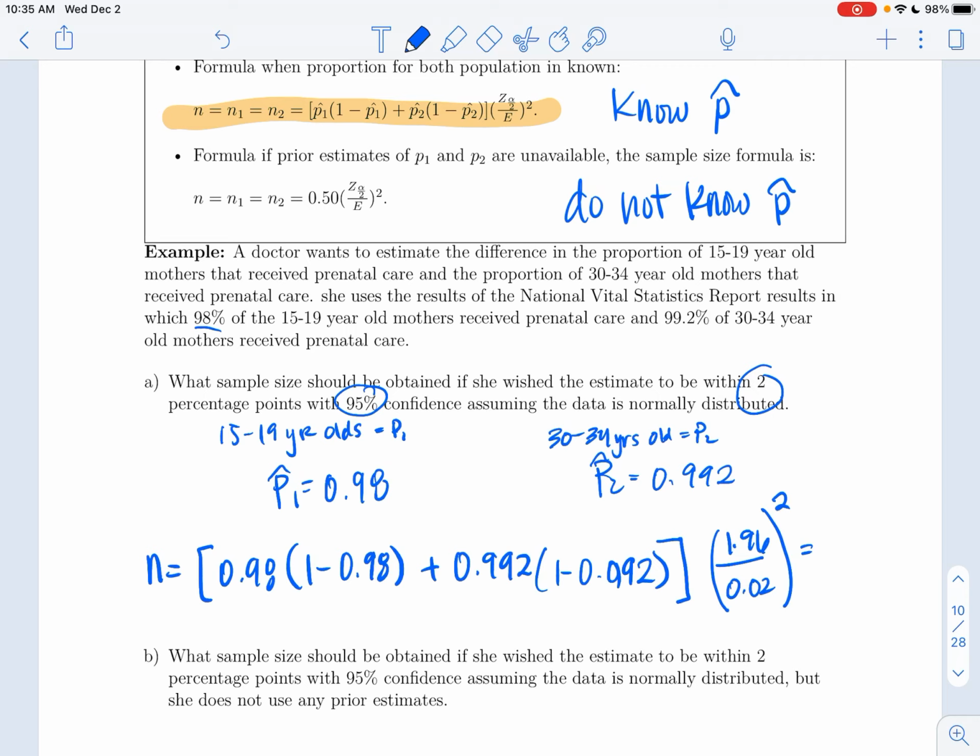Oops, I messed up. 0.02. Okay, so this is going to equal 264.4, blah, blah, blah. So remember, we always round up, so 265.